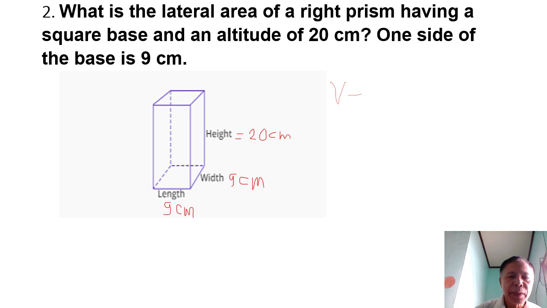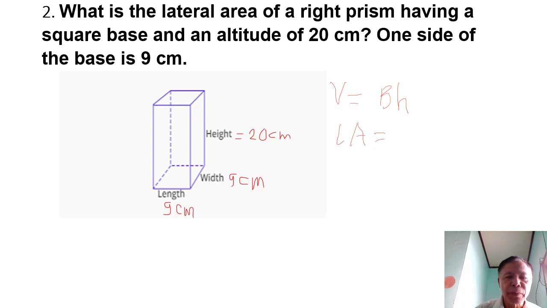Volume is BH, but for the lateral area, LA, it is equal to the area of the sides. So one side here is 20 by 9. Since this is a right prism, this one is also 20 by 9.